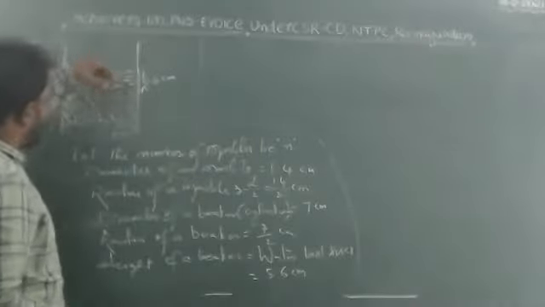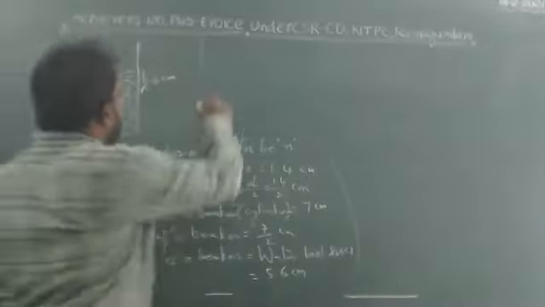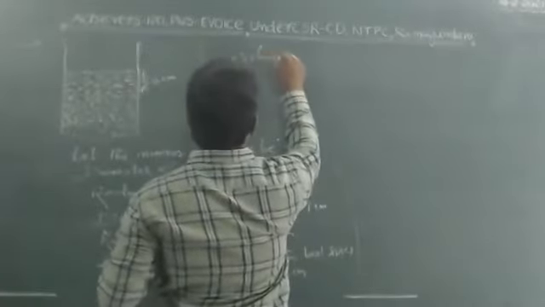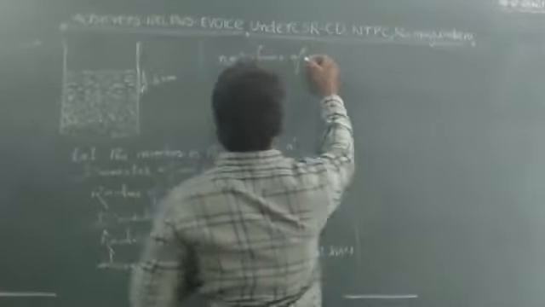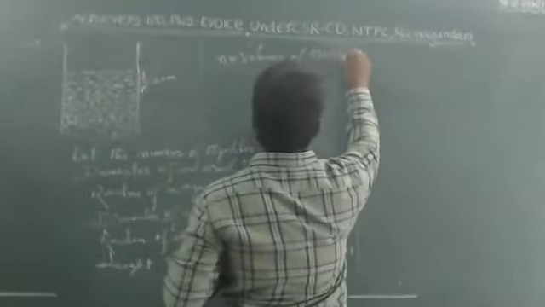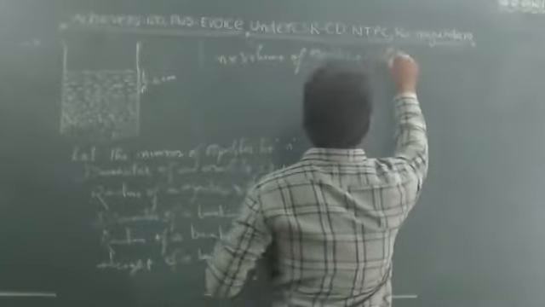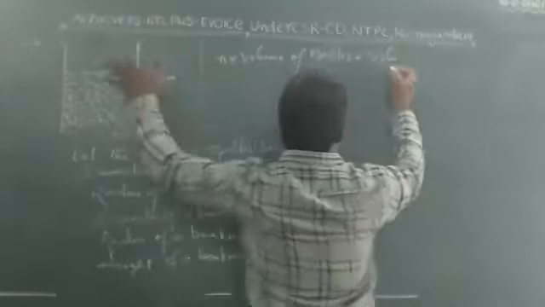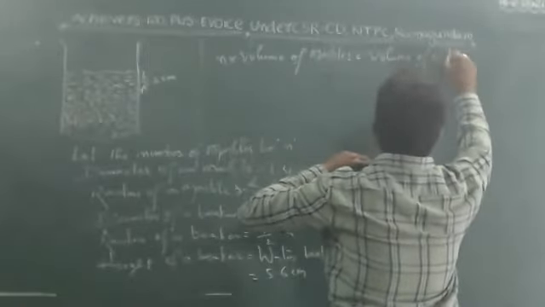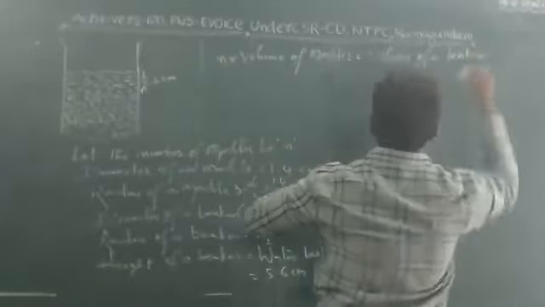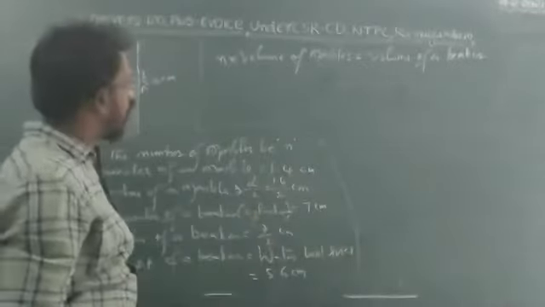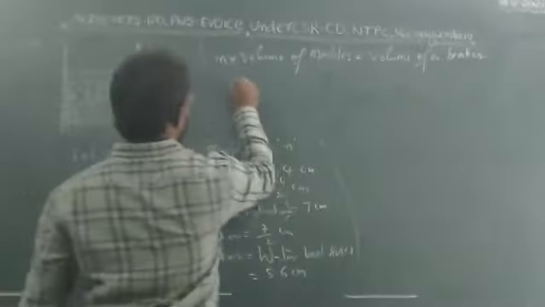Some marbles you drop into the beaker, that is n into volume of spherical marbles, equal to the volume of the cylinder, that is, the beaker. Beaker in the sense already mentioned, is the cylinder. So now n into volume of marbles.